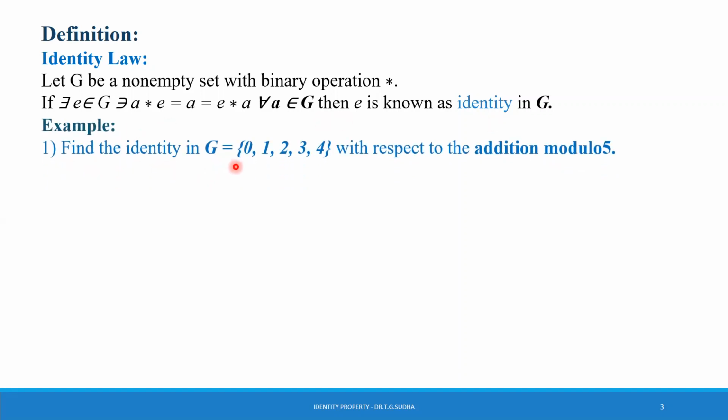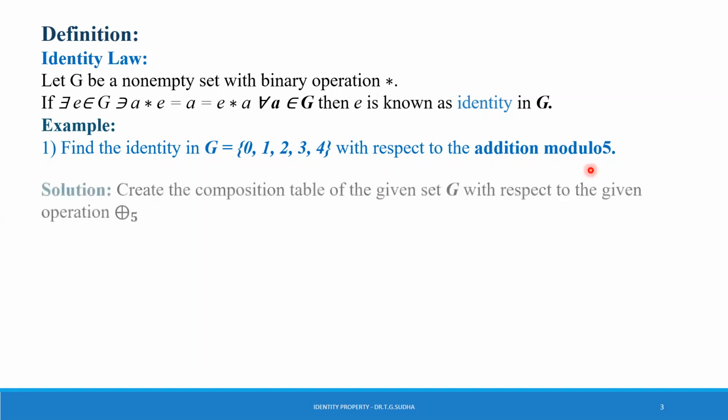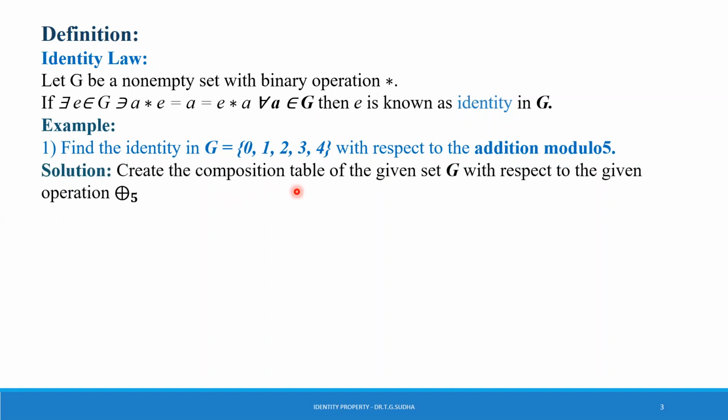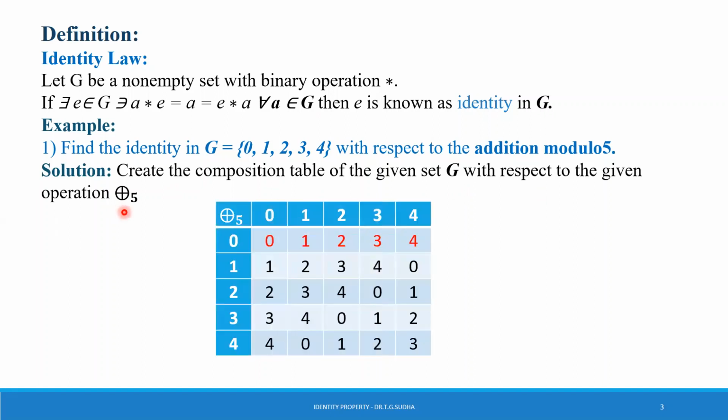Find the identity in G equal to {0, 1, 2, 3, 4}, that is Z5, with respect to addition modulo 5. So for this, let us create the composition table of the given set G with respect to the given operation, addition modulo 5. So this is the composition table.